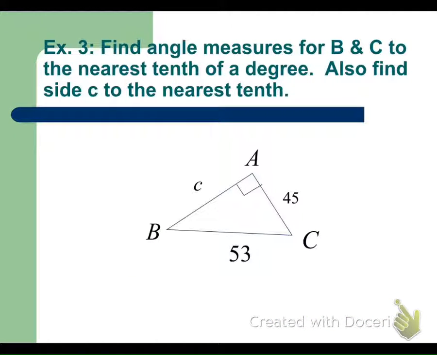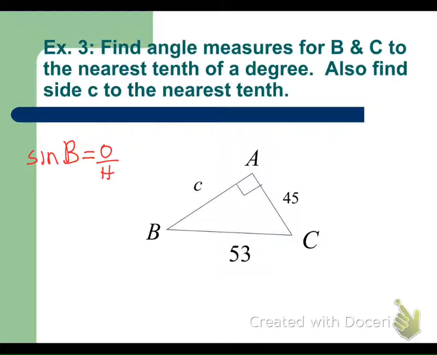So if we're looking for angle B, which side lengths do we have in reference to B? 45 is the opposite, and this one is the hypotenuse. So we have opposite and hypotenuse. Which trig function has opposite and hypotenuse? Sine of B equals opposite over hypotenuse.